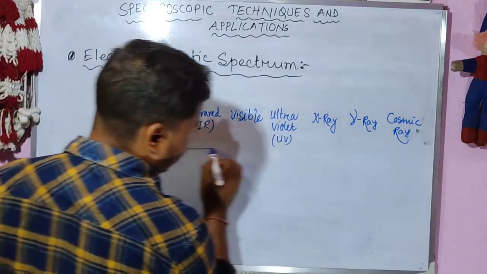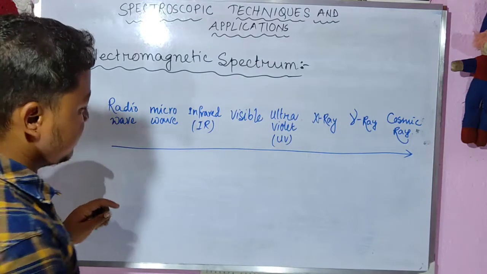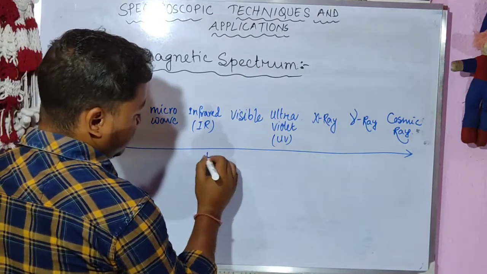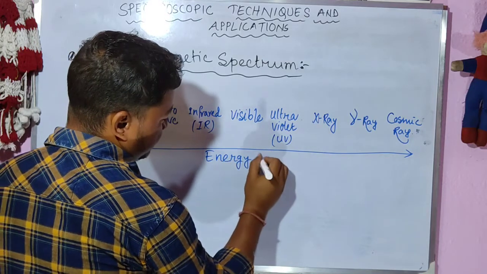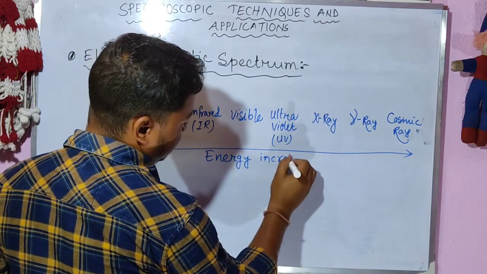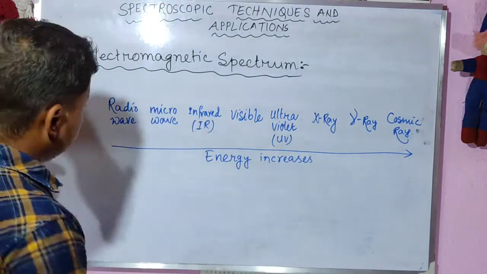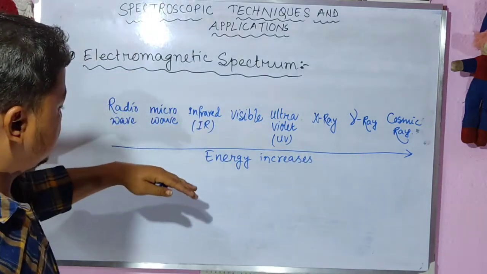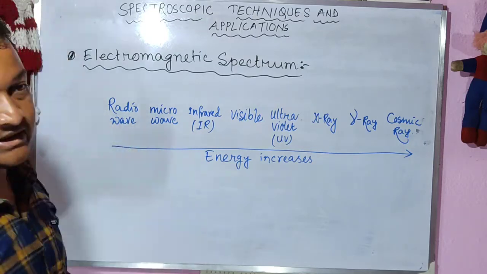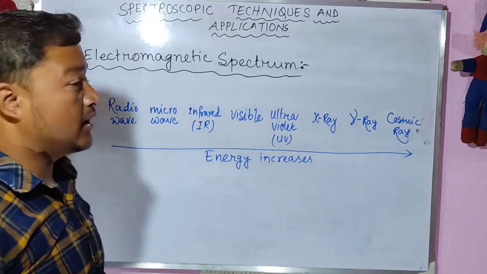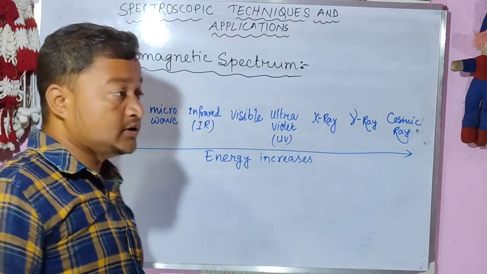So going from left to right, the energy increases. If we know the energy increases or decreases, then we also know the lambda, or wavelength, and frequency, or nu.